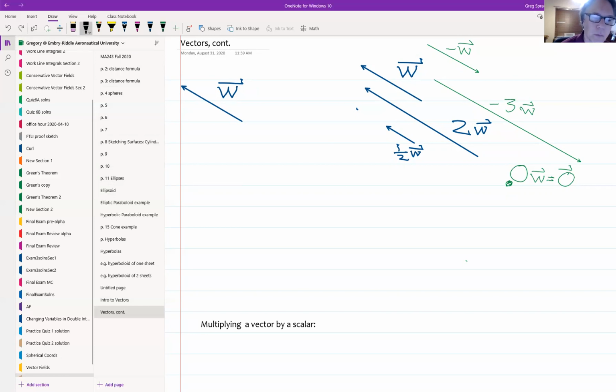Now this is the notation I recommend. If you put a vector inside double bars, that's the length of that vector.